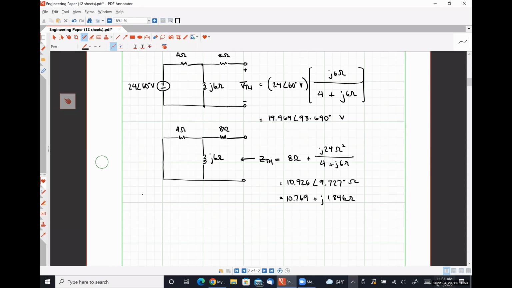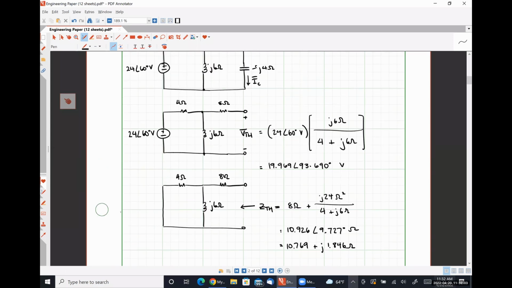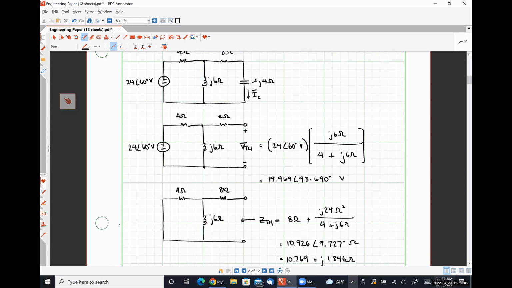As a lead into multi-frequency circuits. Okay, so we have a Thevenin equivalent voltage and we have a Thevenin equivalent impedance. Our ultimate goal, if you recall, was to determine this quantity IC. So you may be asking yourself, how did all that work we just did make that any easier to solve?